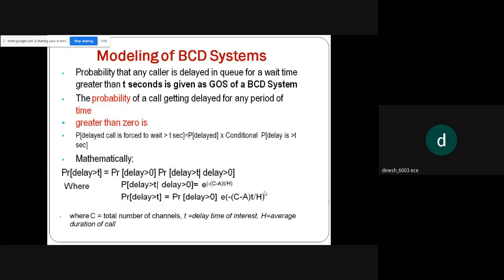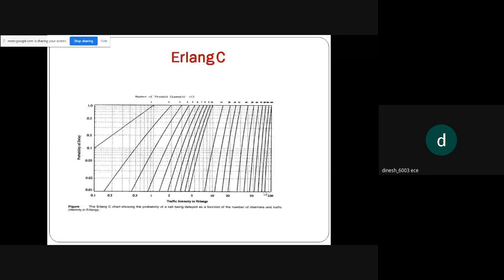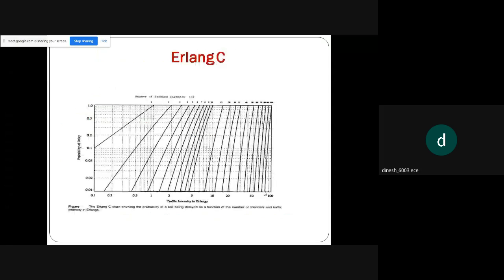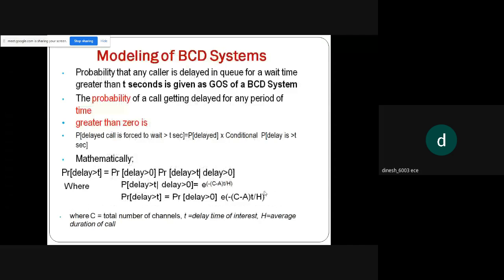So the modeling of this is the Erlang C, or blocked call delayed. The probability that any caller is delayed in the queue for a wait time greater than t seconds is given in terms of the rate of service of a blocked call delay system.